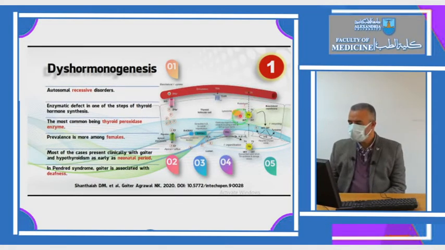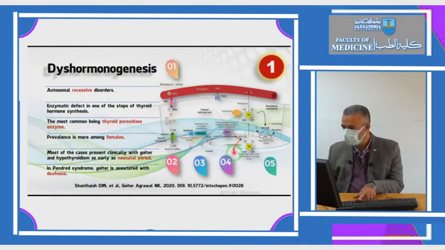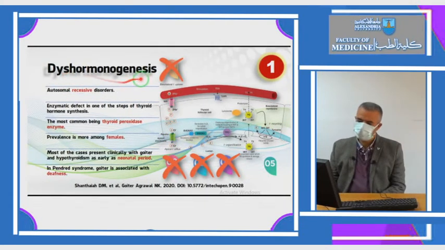Accordingly, if we have any enzymatic defect in any of these steps, this is going to generate what we call dyshormonogenesis. The most commonly affected would be the thyroperoxidase. However, affection of dual oxidase, pendrin, or the sodium iodide symporter is also going to induce so-called dyshormonogenesis.